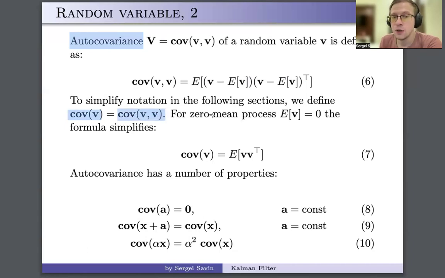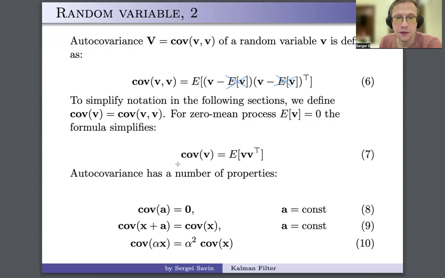Okay, now let's say you have a zero mean process. Process is another way to say a random variable, like both of those are similar, you can say. Definitions of this similar. So let's say you have zero mean process. So the mean of variable V is 0. Then in the formula above, you have simplifications, like this goes away, this goes away.